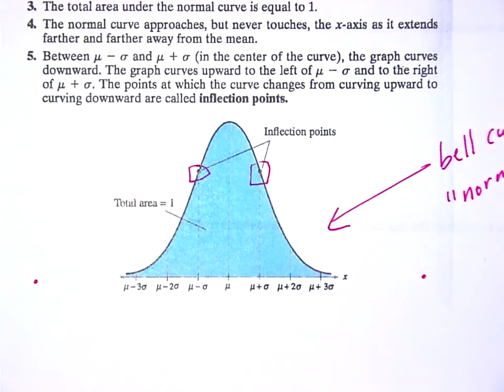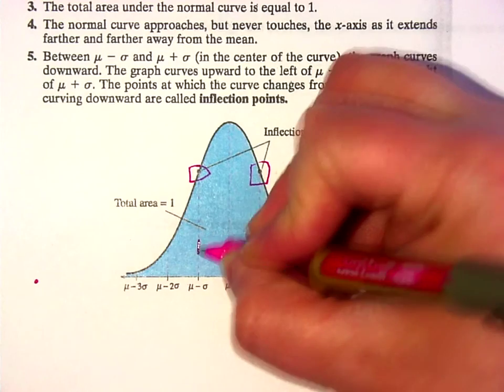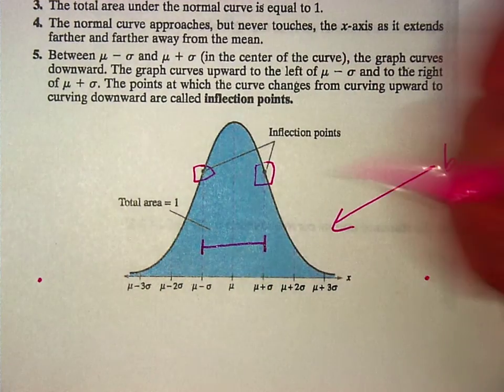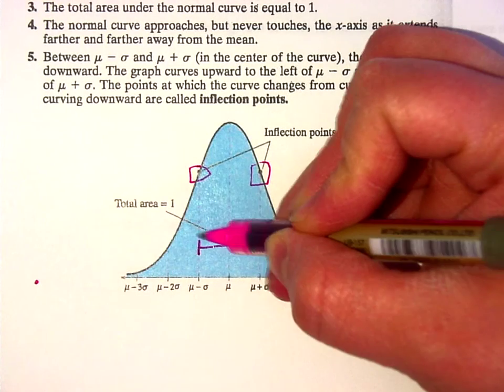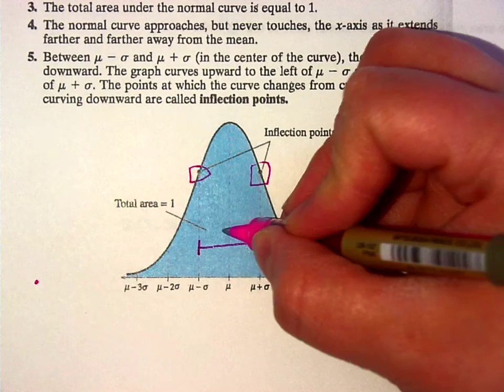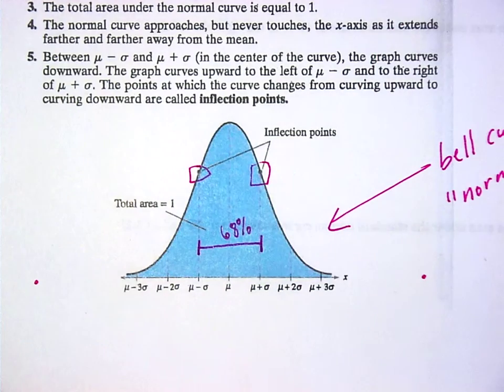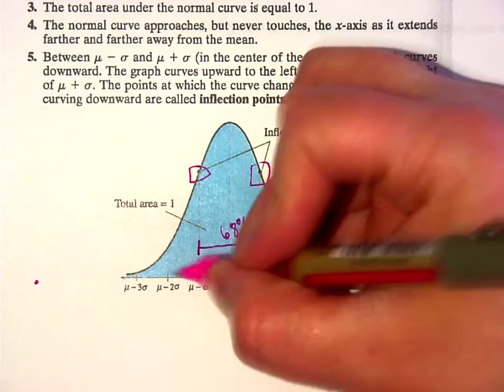Okay, now we know that from here to here, do you remember what percent that is? It's 34, so from -1 to +1 would be 68%. You remember this, the empirical rule? Do you remember what the next one is?